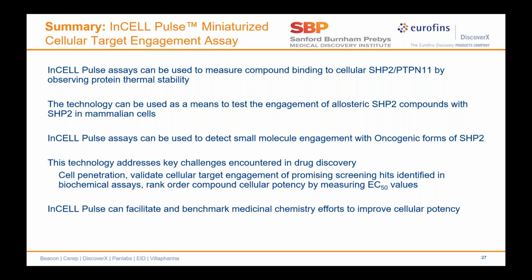So we are able to confirm the allosteric mode of action of certain compounds against SHP2. Importantly, for our program, we can use the InCELL Pulse assay to identify small molecules that are engaging with the oncogenic forms of SHP2.